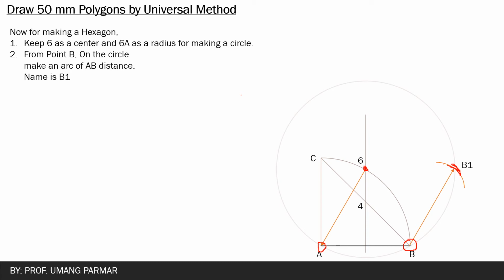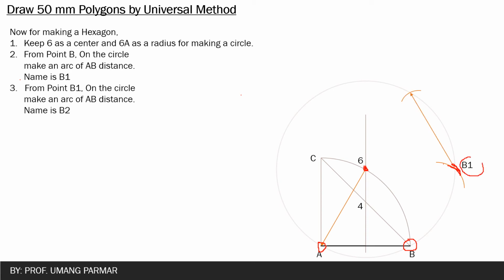The same step we will follow, but this time B1 will be the center. So this B1 is going to be the center, and again we will make an arc on this circle and call it B2.